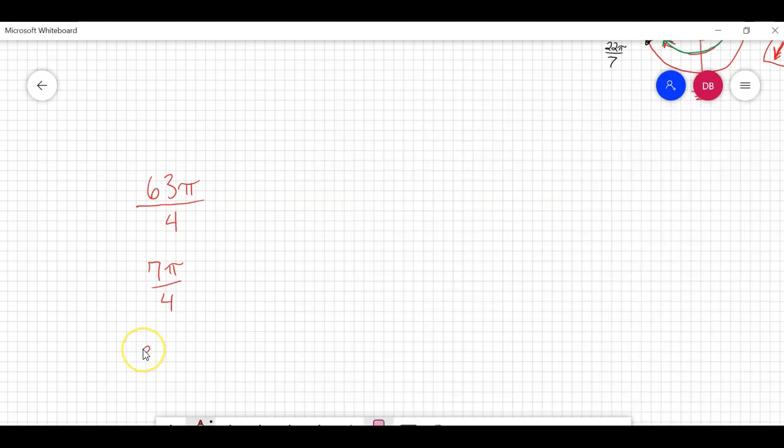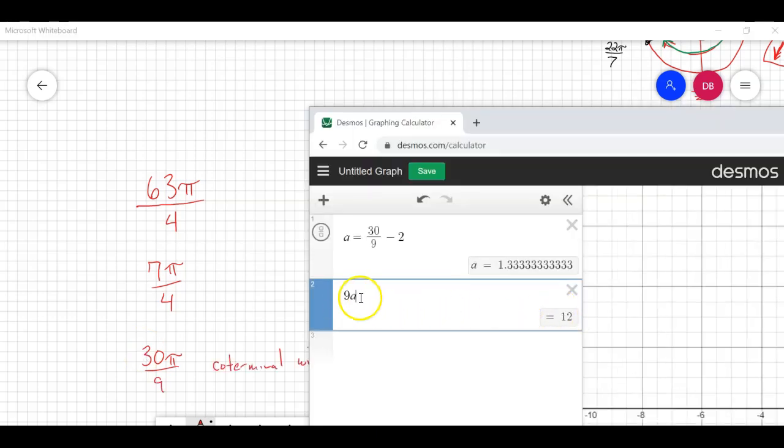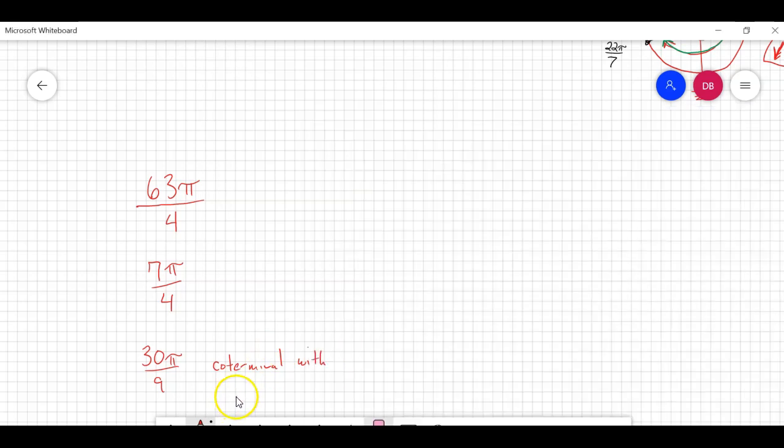So 30 pi over 9 is coterminal with 12 pi over 9. But 12 pi over 9 reduces. There's a common 3 here. That's 4 pi over 3. We want to always reduce. So if you do this work and you get something out that has common factors in the top and bottom, you need to reduce it, or you won't get credit.